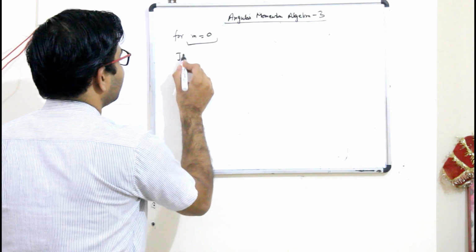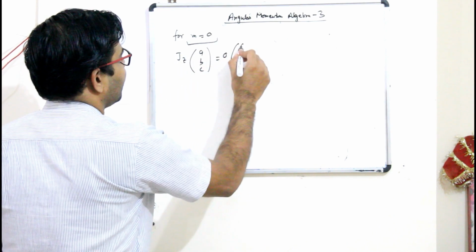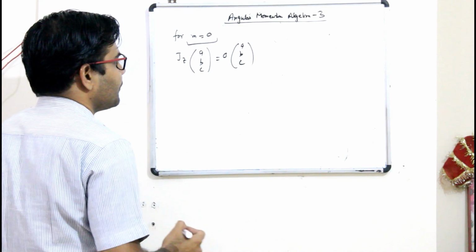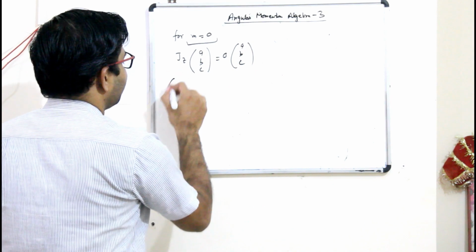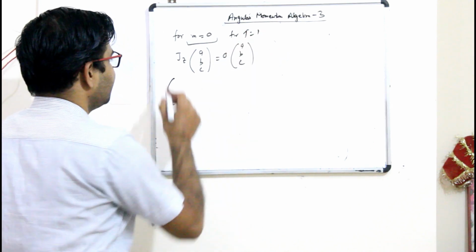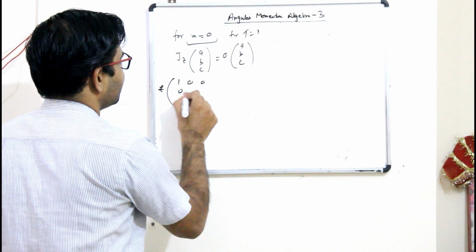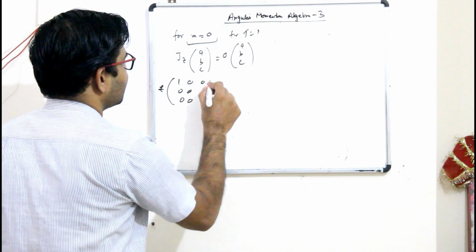So for the m equal to 0 case, the eigenvalue equation of Jz will read as Jz acting on the column vector (a, b, c) equals 0 times (a, b, c). And the Jz matrix representation for small j equal to 1 that we have been discussing is h cross times the matrix with diagonal 1, 0, minus 1.